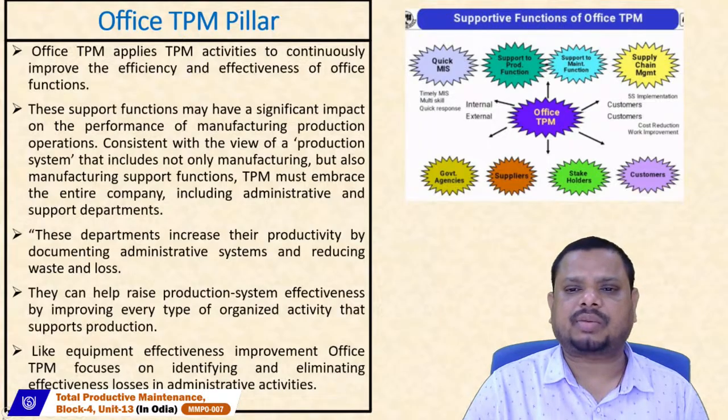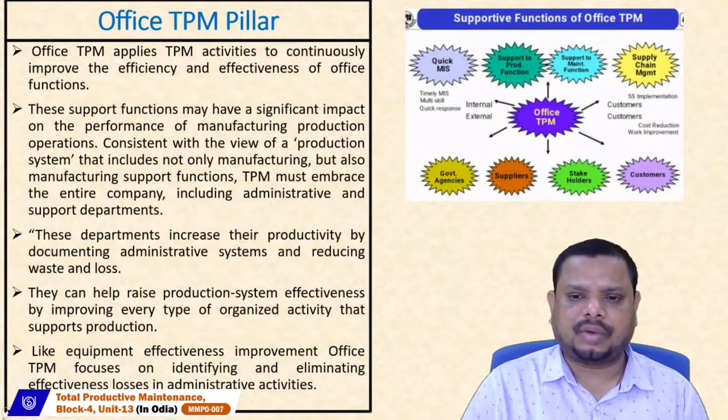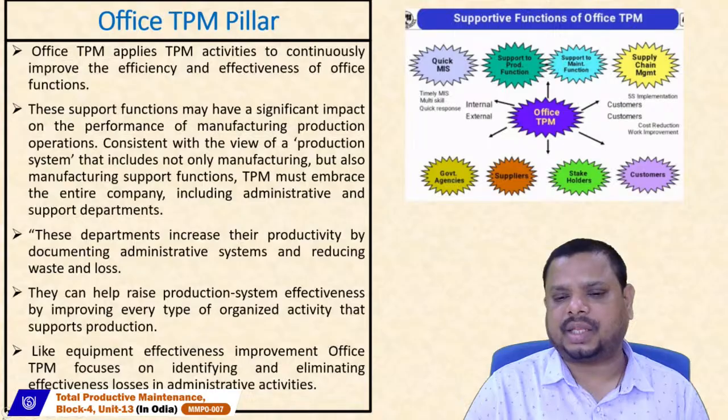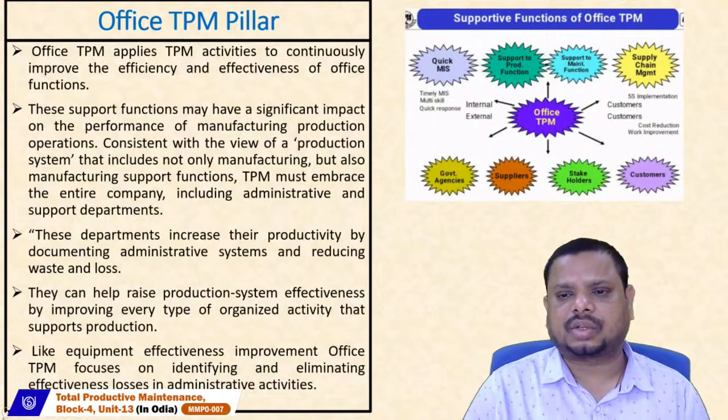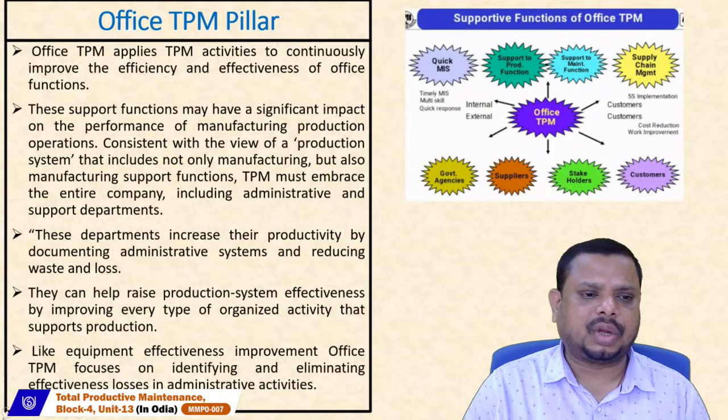The second one, we have support to production functions, support to maintenance functions, and supply chain management by implementing 5S. For external customers, they have government agencies, different suppliers, stakeholders, and customers. The objective for external customers is cost reduction and work improvement.